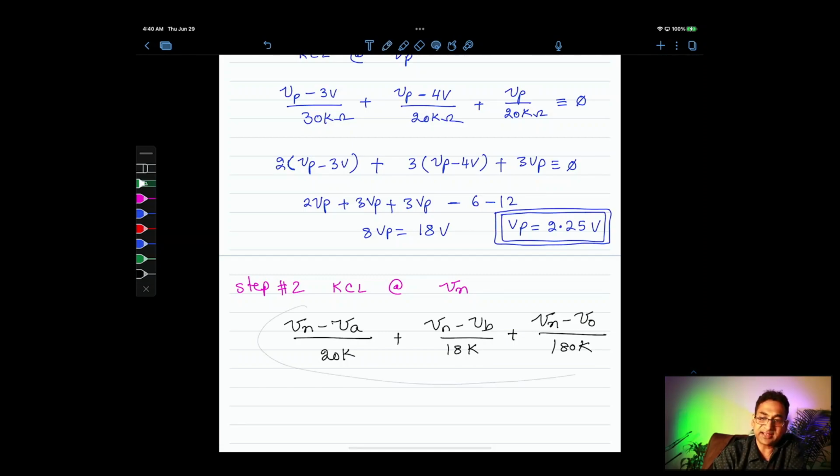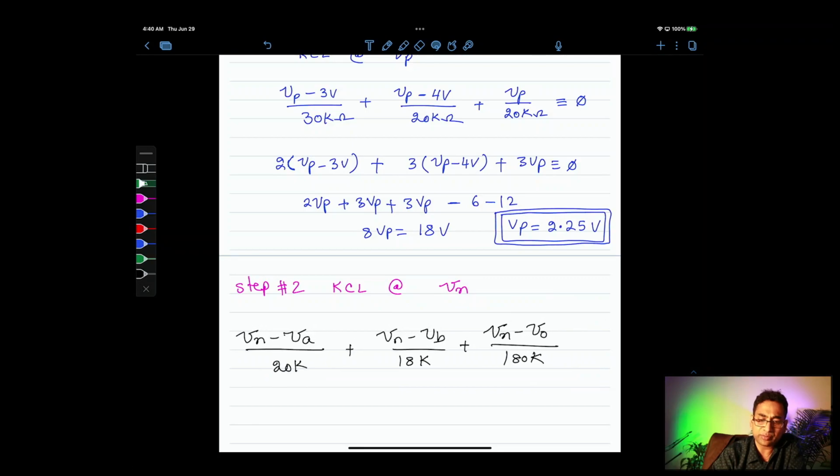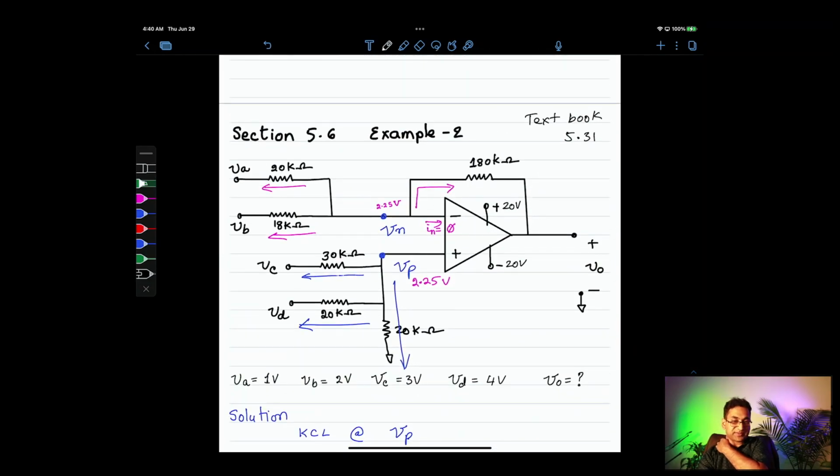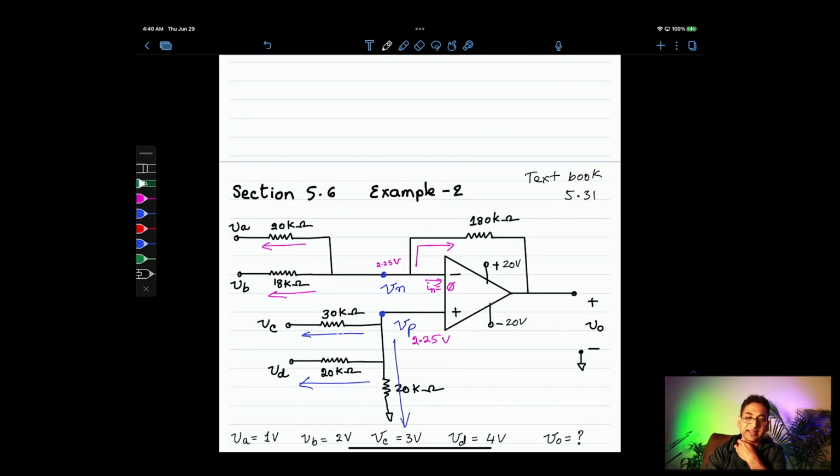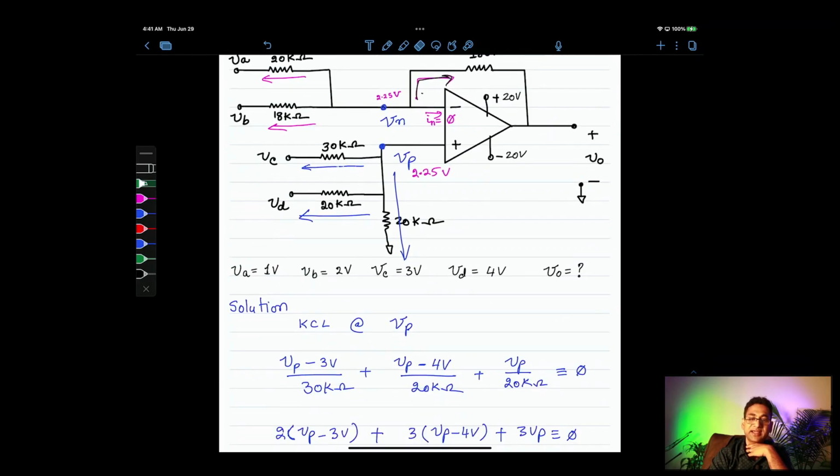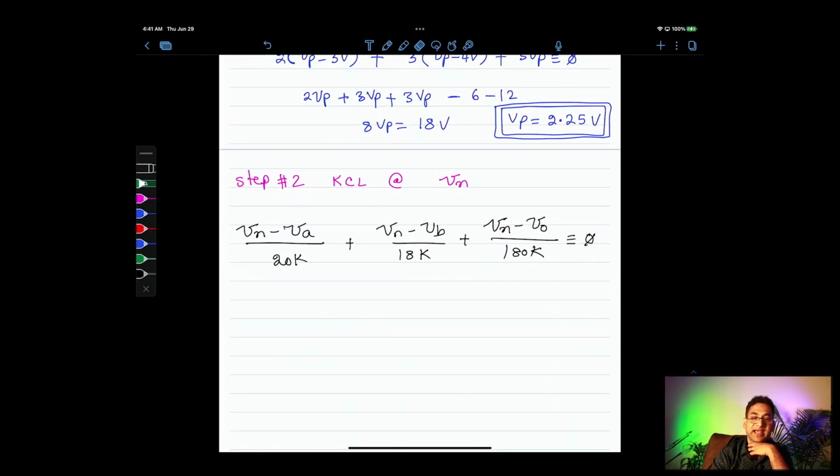You see, I have done these equations so many times that I almost memorized these numbers. So the current flowing in this branch, Vn minus Vo by 180k, is what I plugged in for the last term.